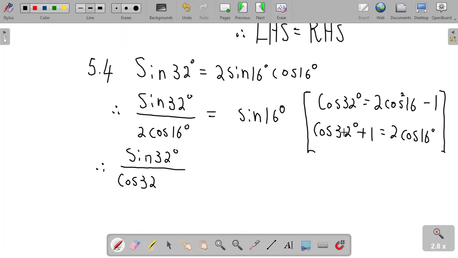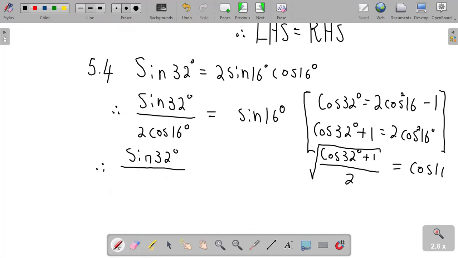Oh no, this is a square here. If we divide by 2, it's going to be a square, so cos 32 degrees plus 1 all over 2 equals cos squared 16 degrees.